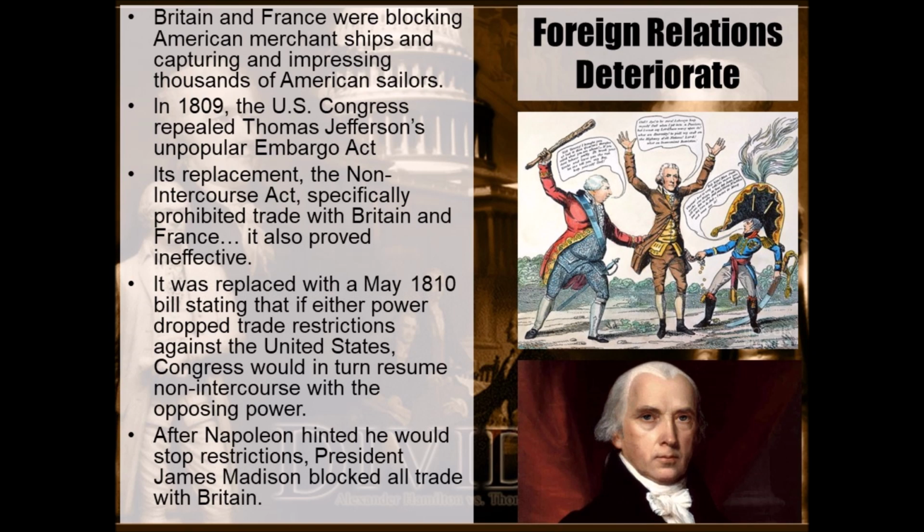Jefferson ends up spending his second term very much haunted by this issue of what to do with this growing crisis with either Britain or France, although it's becoming more of an issue with Great Britain than with France.